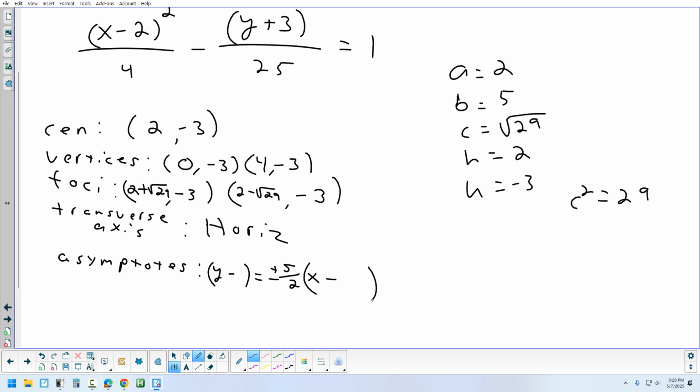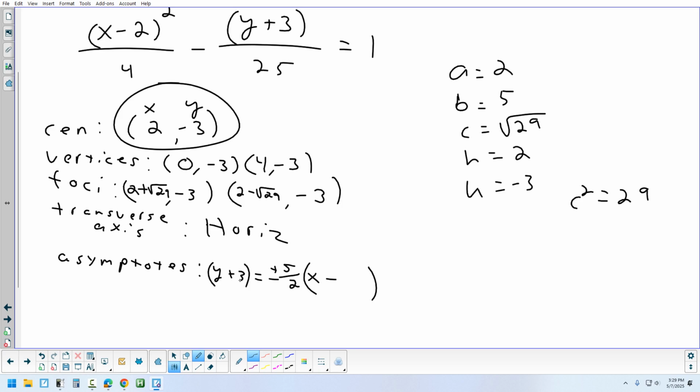Y minus, usually you put y1 there. What's the y value that this line is going to go through? 2. That's the x value it's going to go through. Oh, negative 3. Yes. That's the point your line has to go through. So y minus y1. And what are we going to put over here?